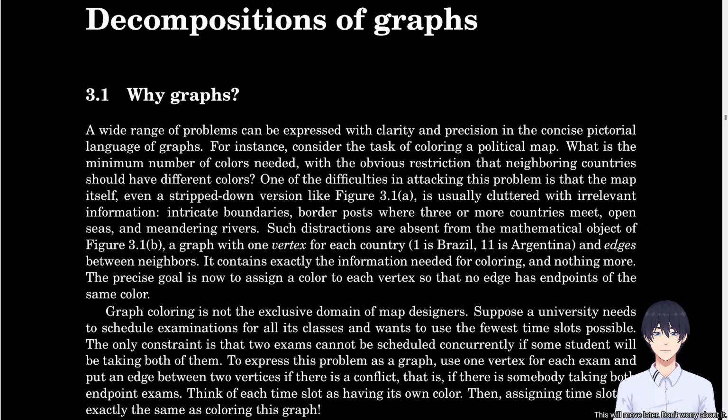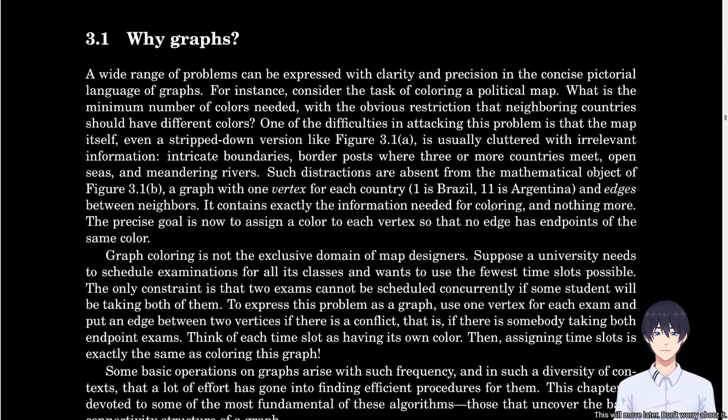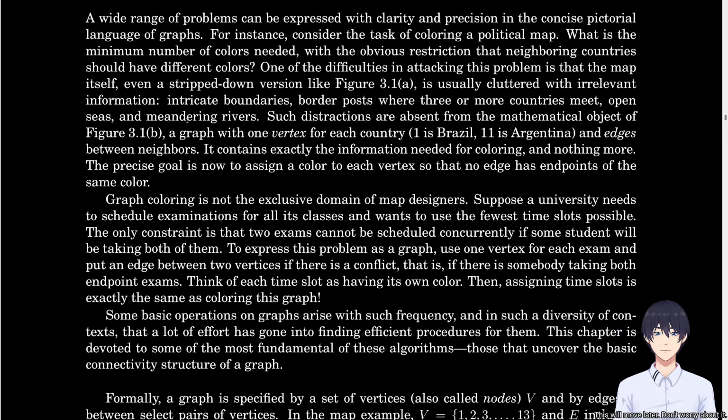One of the difficulties in attacking this problem is that the map itself, even a stripped down version like figure 3.1a, is usually cluttered with irrelevant information, intricate boundaries, border posts where 3 or more countries meet, open seas, and meandering rivers. Yeah, if you just give something an image of a map, it's gonna be pretty hard.